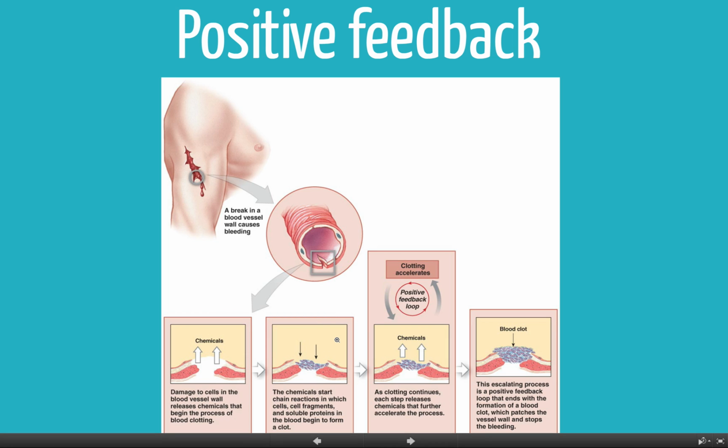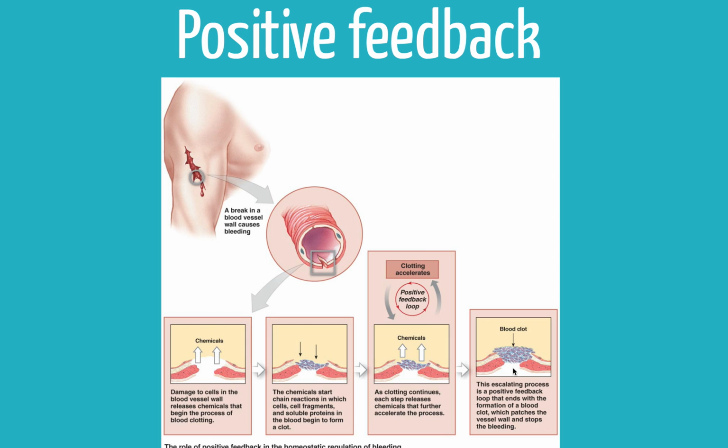And we'll talk more about this next semester, how this all works, but as these platelets come, they release more chemicals, which attract more platelets, which release more chemicals, which attract more platelets, and it keeps going and going and going in this circle until the clot is formed and the bleeding stops. Blood clotting is something we want to happen rapidly. Labor is also something that you want to happen rapidly, so that's what positive feedback is used for.